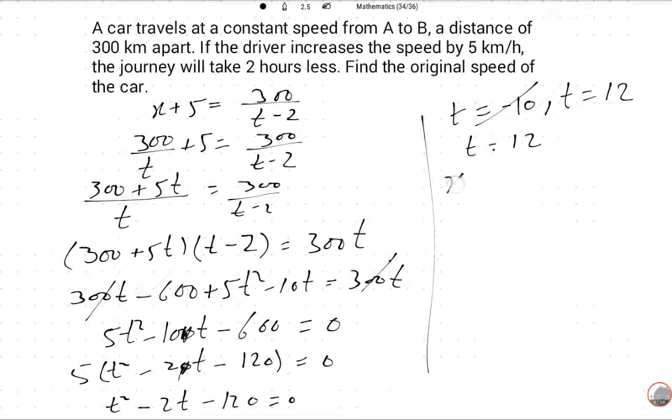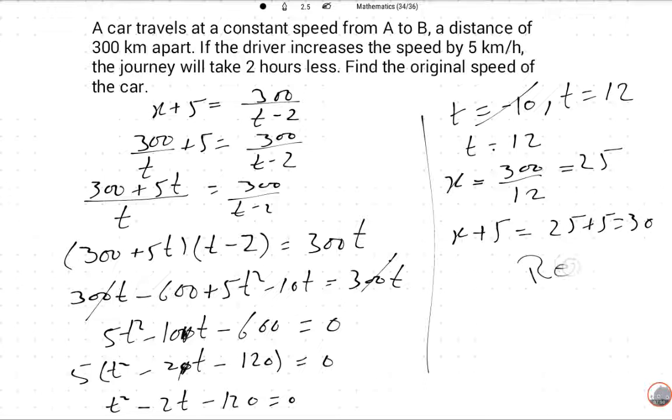So what is the speed? 300 upon 12 is equal to 25. If the driver increases by 5, x plus 5 is equal to 25 plus 5 is equal to 30. So this is the required answer.